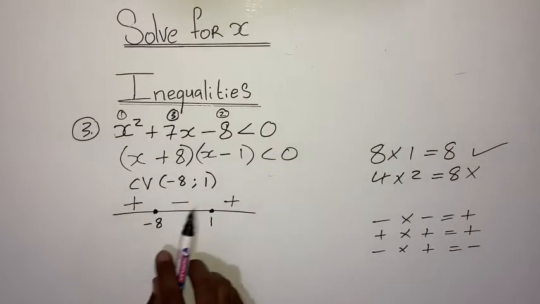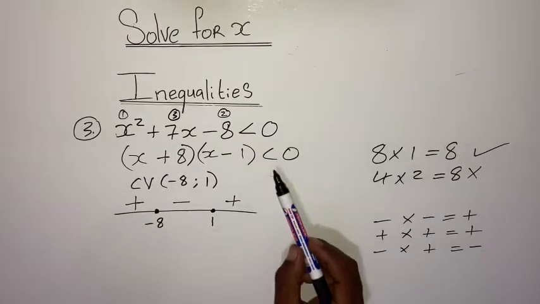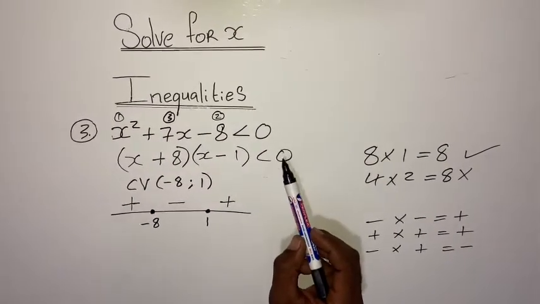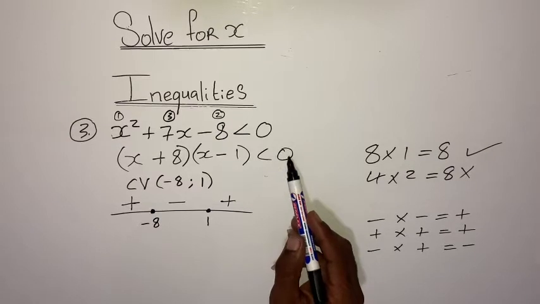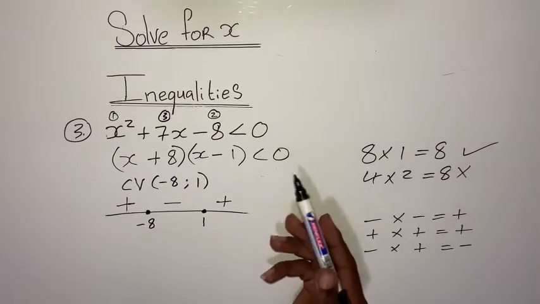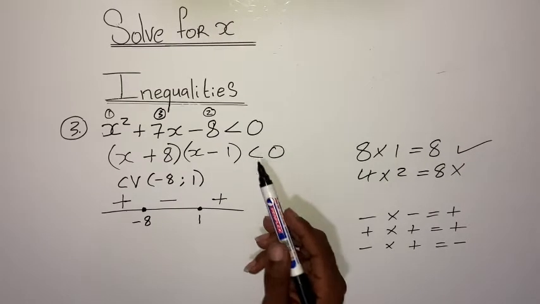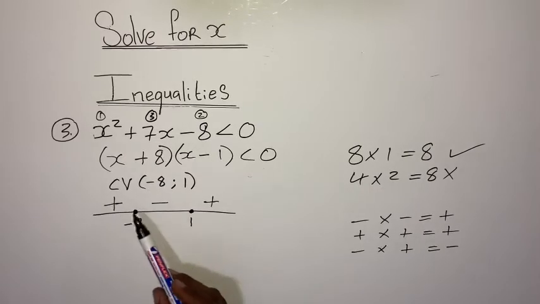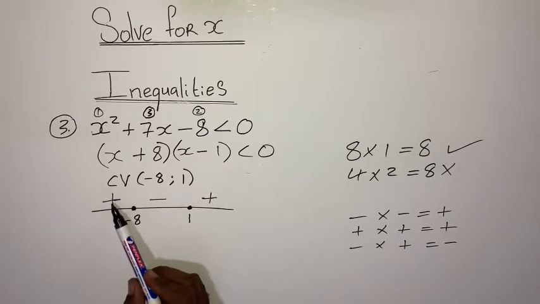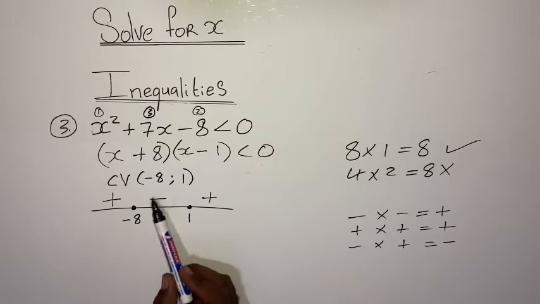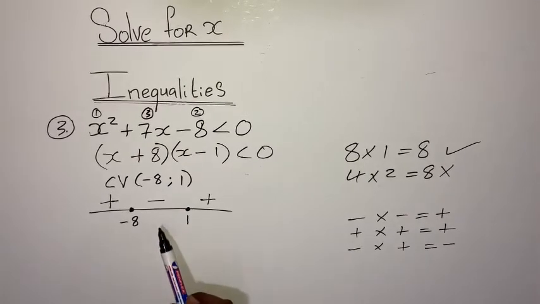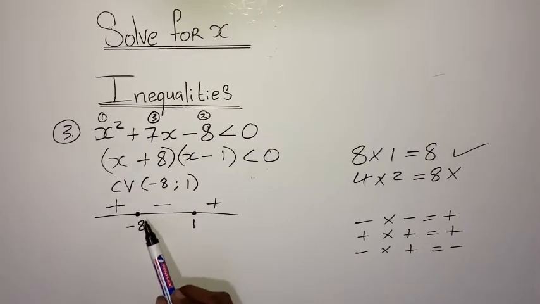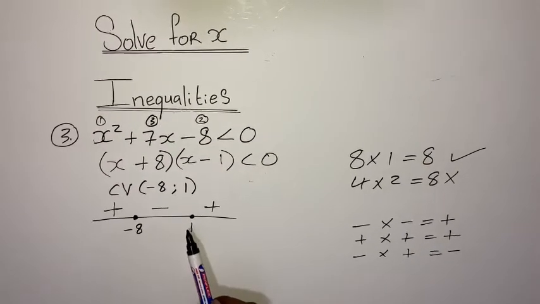Then, after I've written my signs, I go on to focus on my inequality. My inequality is less than 0. Whenever you're saying something is less than 0, it means you're saying that thing is negative. So now, I'm looking for a less than 0, which is a negative. I go to my number line and check, where is my negative? This is a positive, this is a negative. My negative is between a negative 8 and a 1.